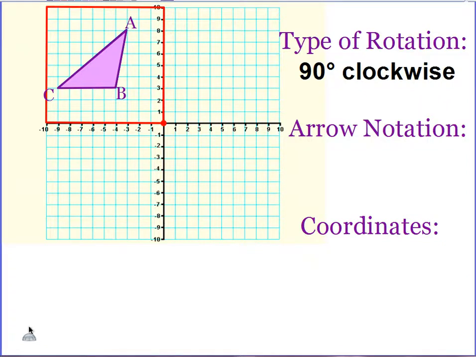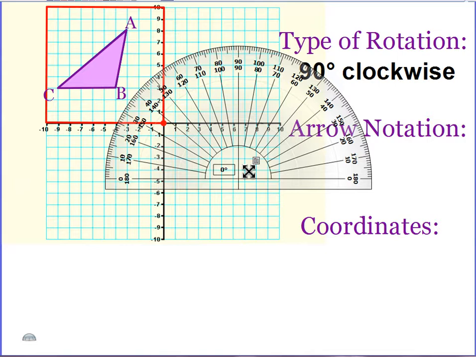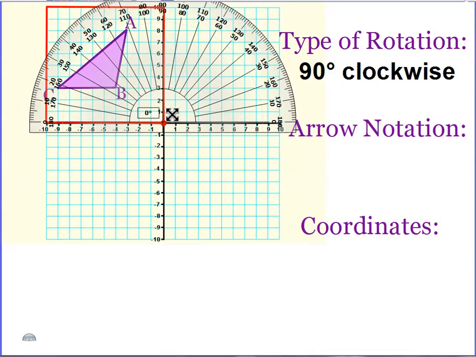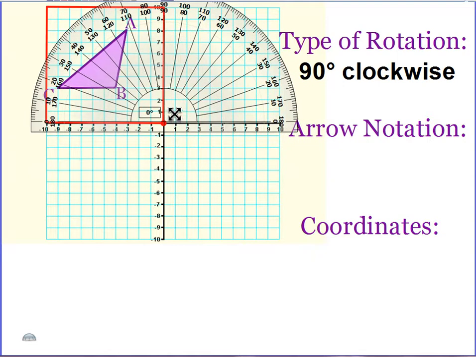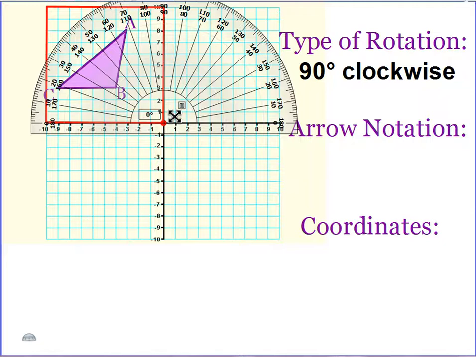Now a 90-degree rotation, let me bring up the protractor to show you how much a 90-degree rotation is going to be. It means that I'm going to take this line down here at the x-axis, 0 degrees on my protractor on this side, and I'm going to turn that line so that it ends up at the top of my protractor at 90 degrees.